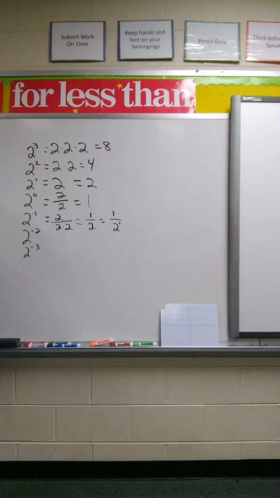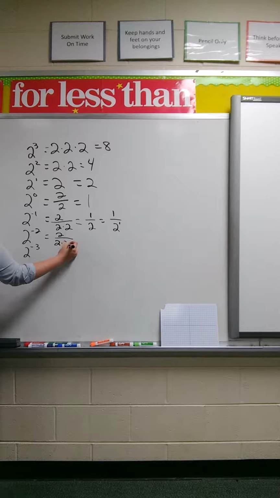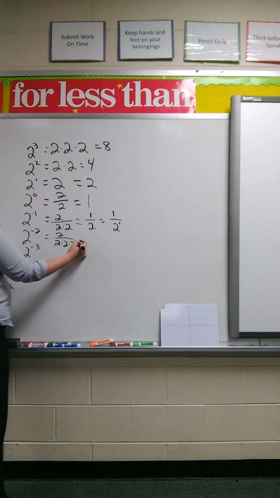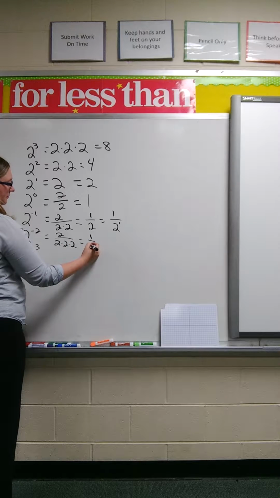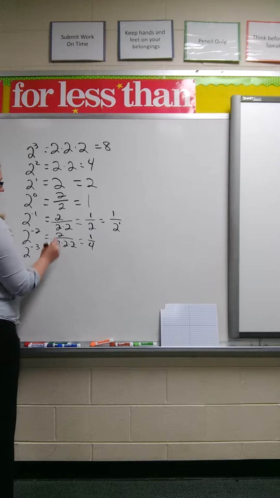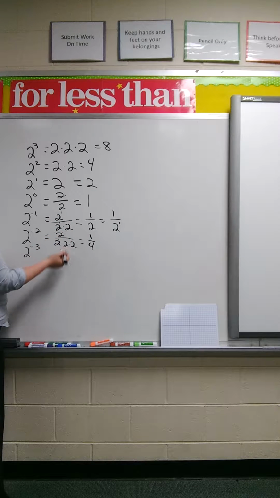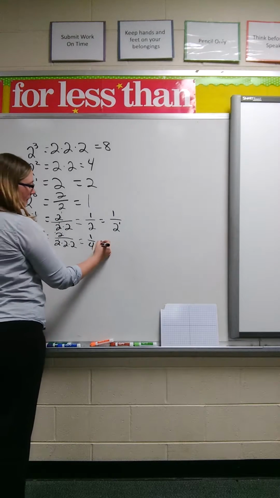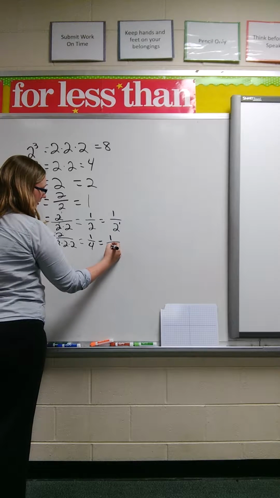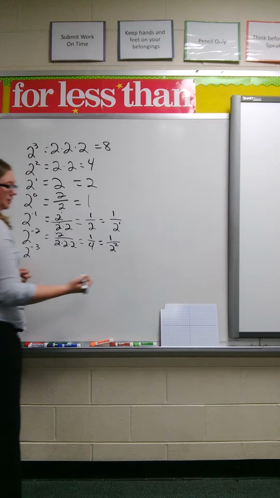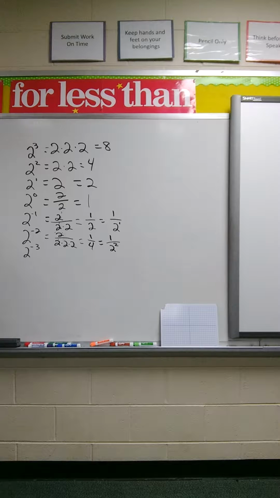Hold on. Yes. 1/4. Okay. So that would be 2 divided by 2 times 2 times 2, which equals 1/4, because those cancel, right? And those cancel. So we're left with 1 over 2 times 2, which is 4, which equals 1 over 2 squared.